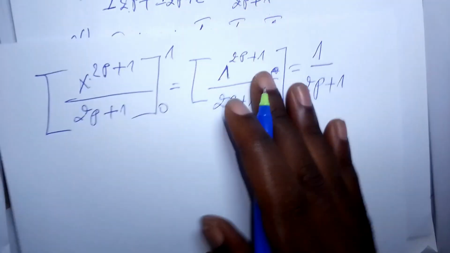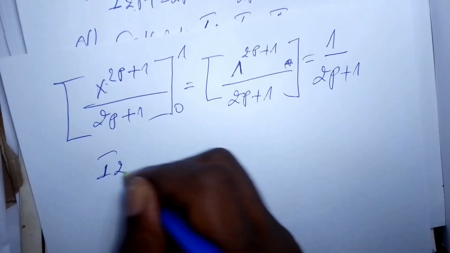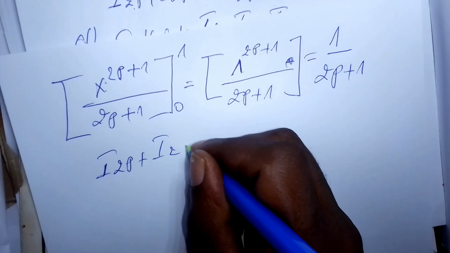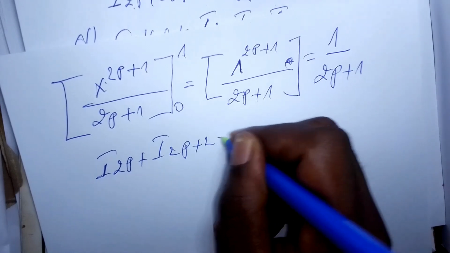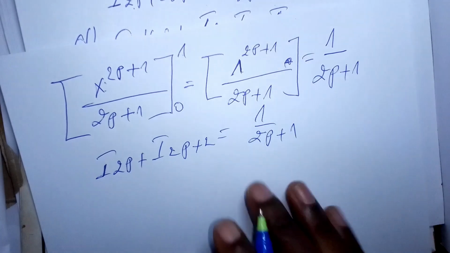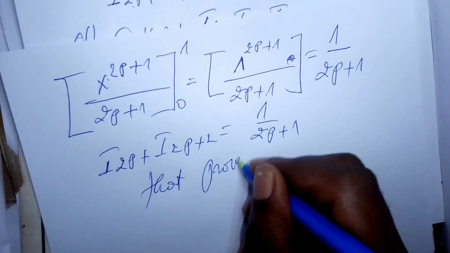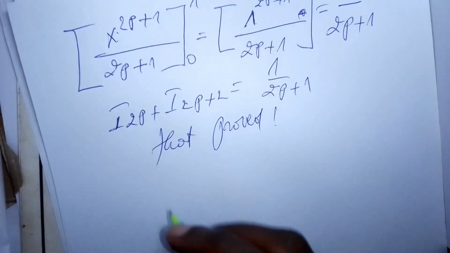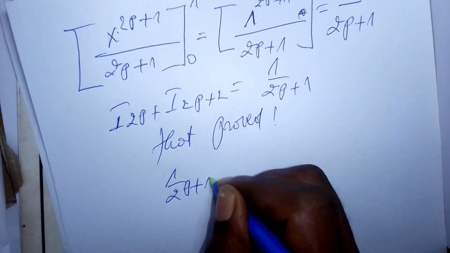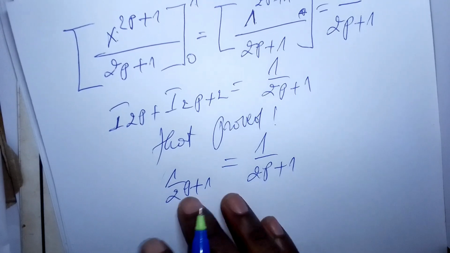That means that I2p plus I2p plus 2 equals 1 over 2p plus 1. That is proved, because we have 1 over 2p plus 1 equal to 1 over 2p plus 1.